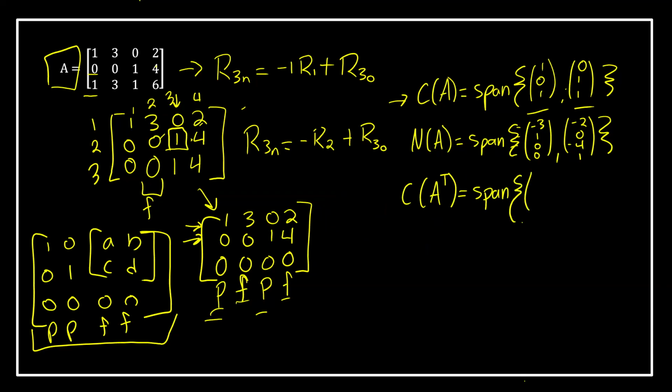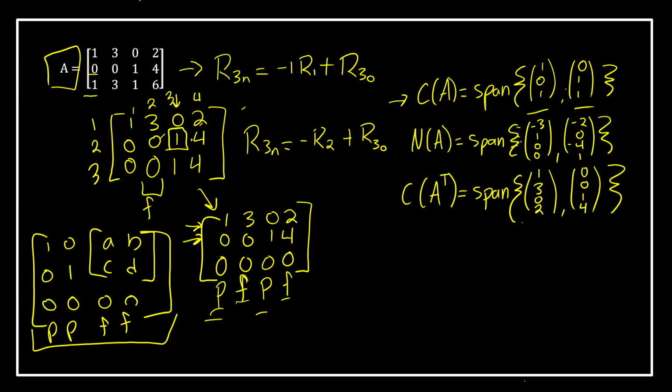So it's going to be (1, 3, 0, 2) and (0, 0, 1, 4), and we transpose them to make them column vectors. Does that make sense? Any questions about that?